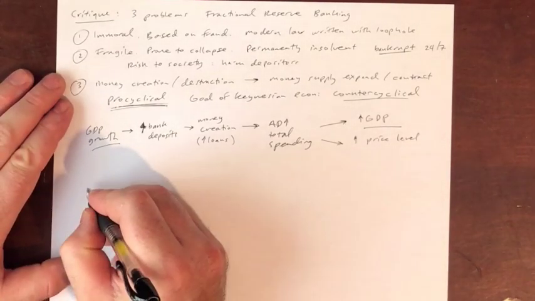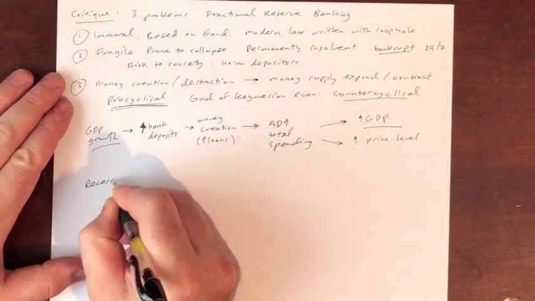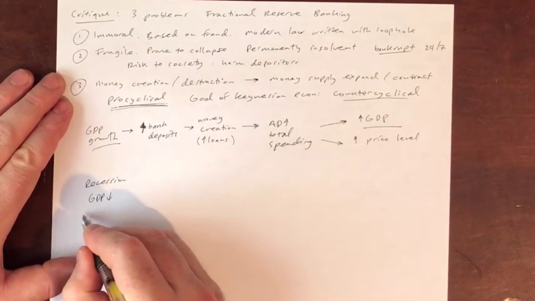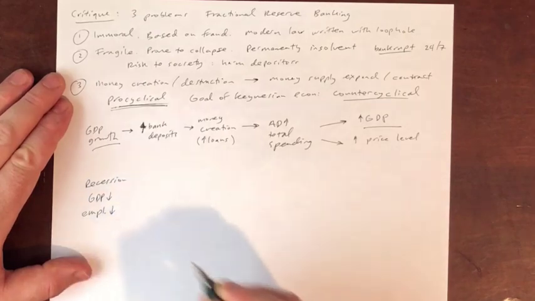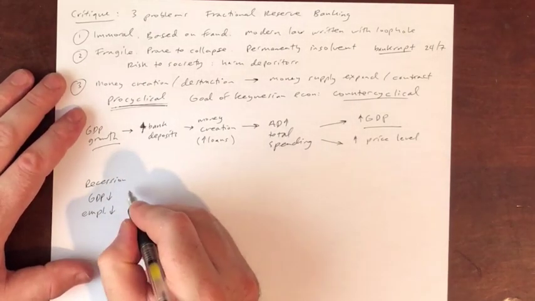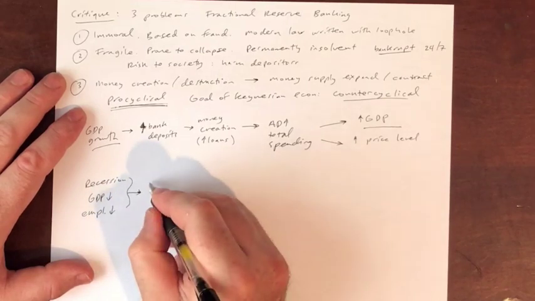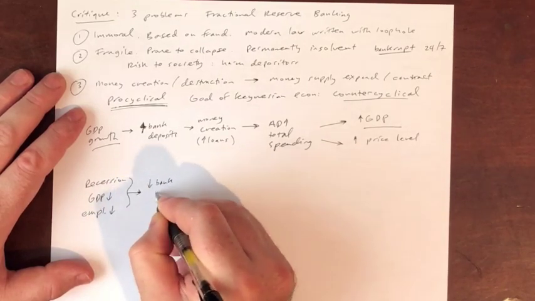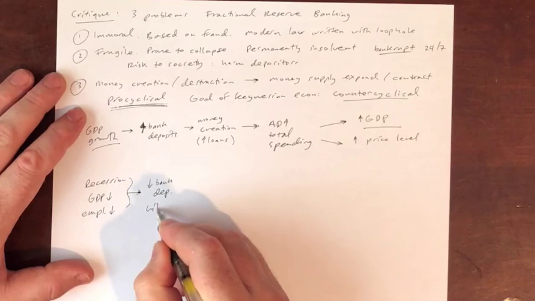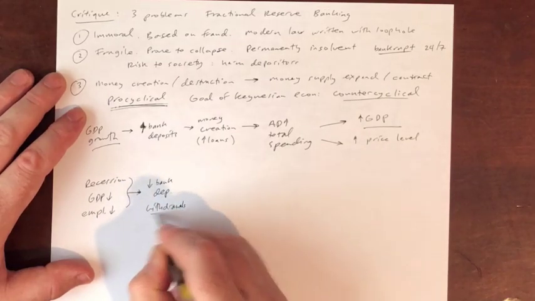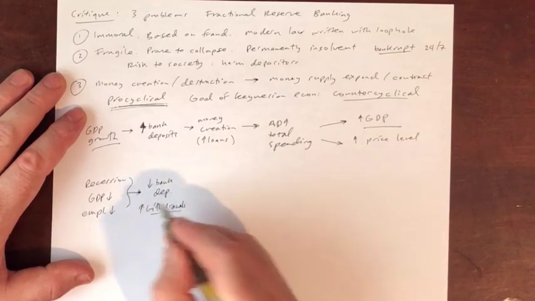We might start moving into a recession, a period where GDP is falling, where employment is falling. And when we get into that, this is always associated with a decrease in bank deposits. Withdrawals pick up.